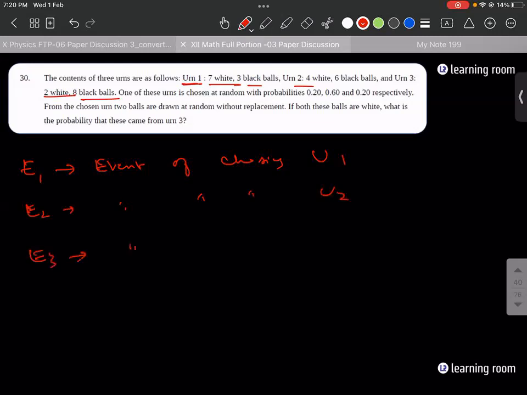E3, event of choosing urn 3. Am I right? So what is probability of E1? 0.2. That is how much? 1 by 5. What is probability of E2? 3 by 5. Probability of E3? It is again 1 by 5.